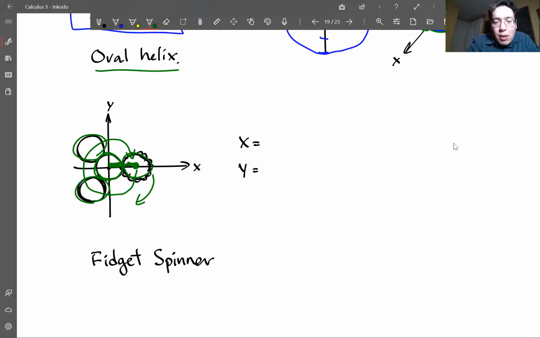So 2 cosine t and 2 sine t. This would trace out the center of the gear, but the floral pattern that we were seeing when I was flicking the fidget spinner was those curves drawn by the gears themselves.